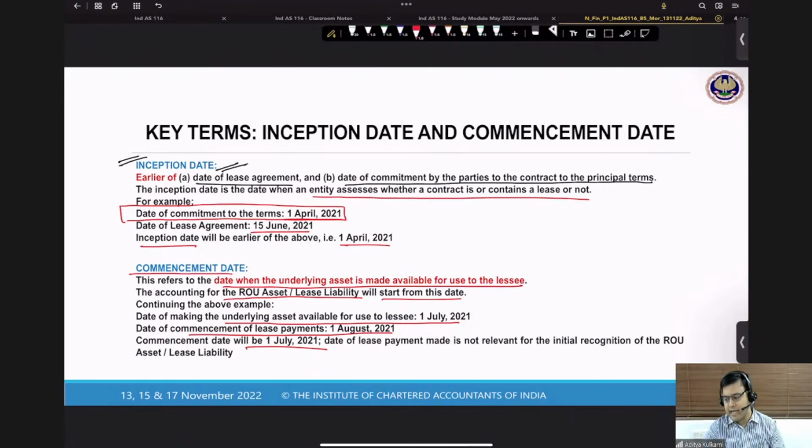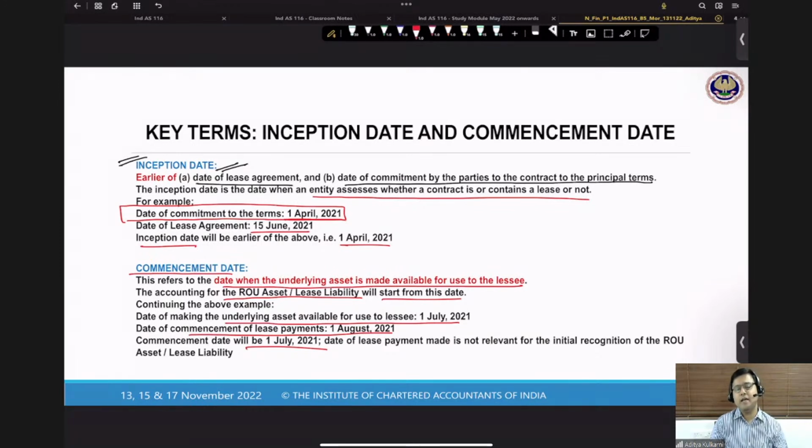Sir, will the date of lease agreement and available for you be the same? Never. It is not going to be the same. Because it's rarely possible. A date of lease agreement and available for you is not necessary. It is possible that you enter into an agreement on 15th of July.